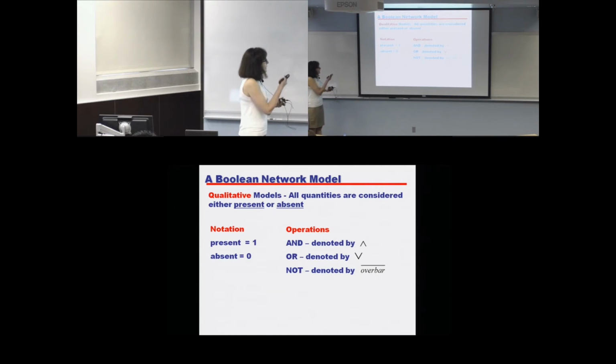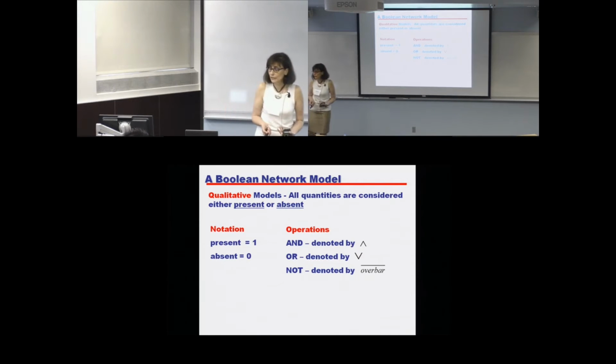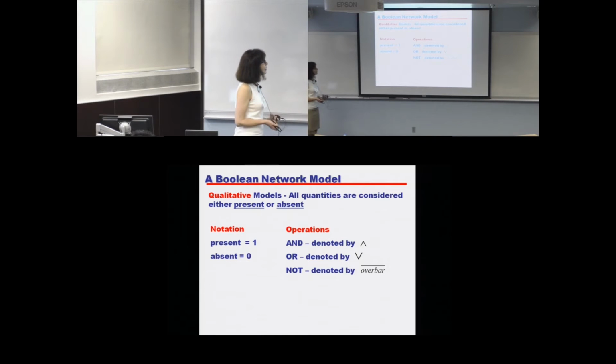And for qualitative models, we can actually try to do things with zeros and ones. We can say, all right, I have quantities that are considered either present or absent. And at first this bothered me quite a bit, because I said, well, how come? Where do you draw the threshold?